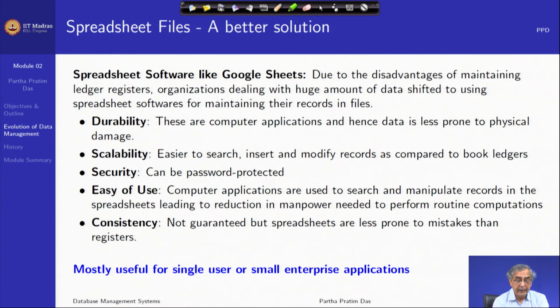Scalability is easier, and it is easier to search. You can password protect it. It is not a very good protection, there are several systems available by which it can be broken, but some sort of protection can be there. It is easy to use. Consistency, of course, is not much guaranteed in spreadsheets.